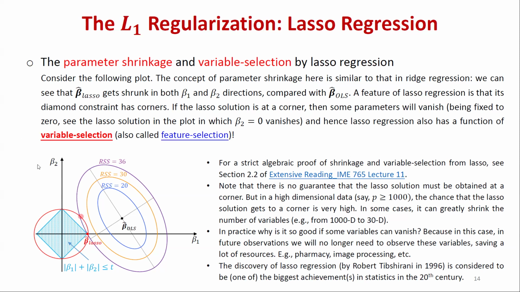However, the lasso regression has corners, see it? It's a diamond. With the corners, you have a much higher chance to hit a corner. Why? Because it's very difficult, unless your shape is kind of like this one, then your tangent point is going to be here.